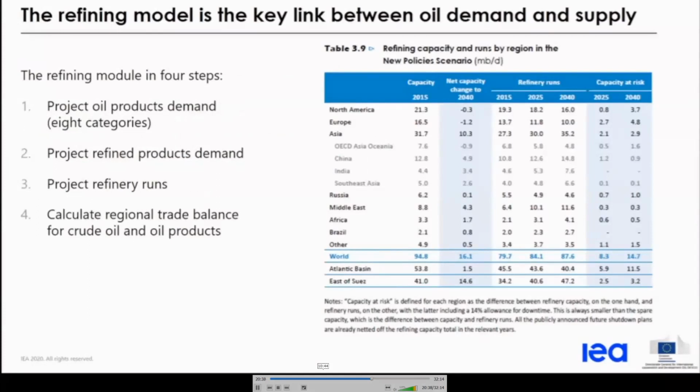We also look at refined products demand, the overall project refinery runs, and then from these, we calculate a regional trade balance for both crude oil and for oil products. On the right-hand side, you see what we typically output for the World Energy Investment, looking at the refining capacity and runs by region, and in this case, from 2019's New Policies Scenario.